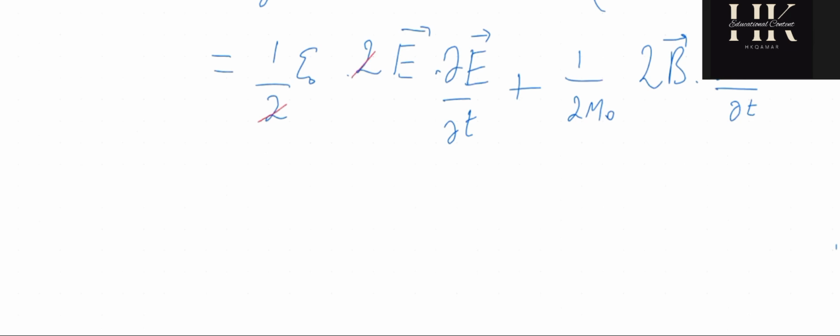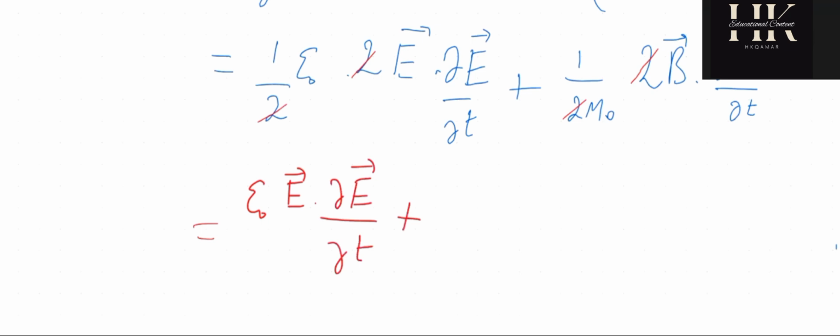So we get epsilon naught E dot curly E by curly T plus 1 by mu naught into B dot curly B by curly T. This is the value of curly U by curly T.